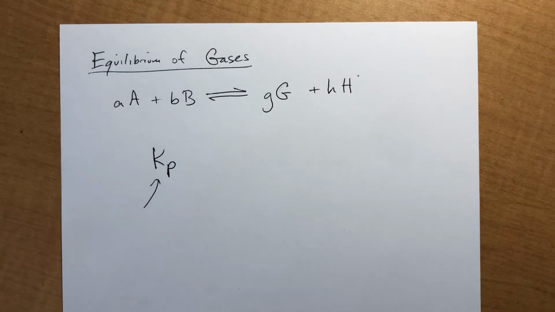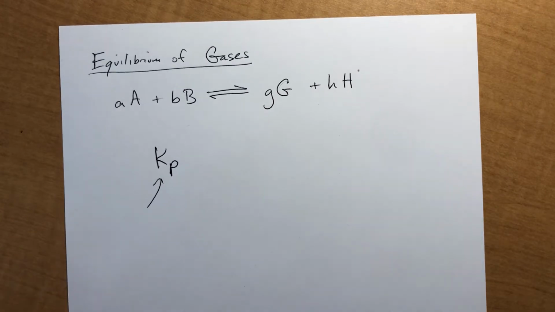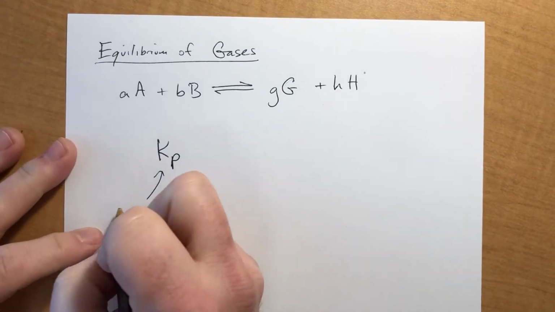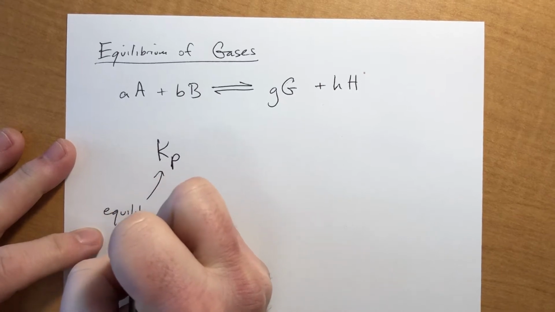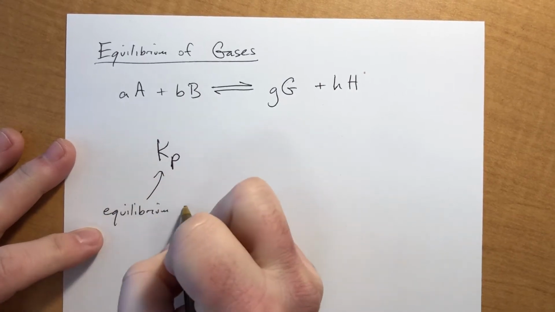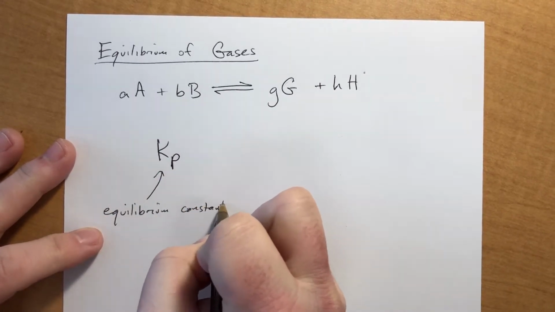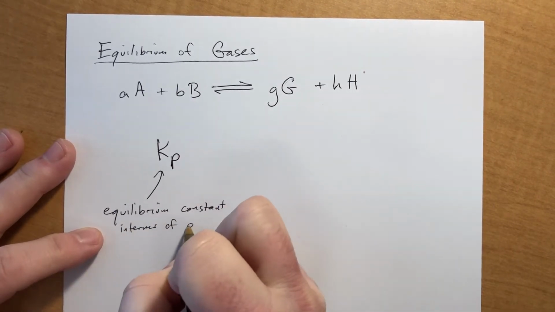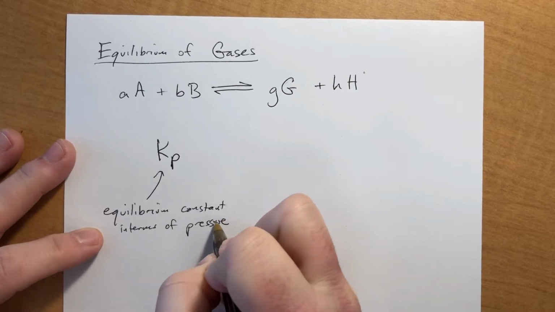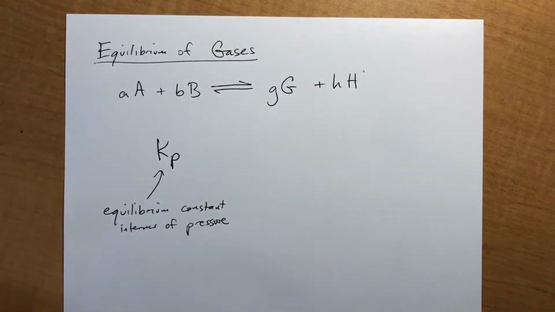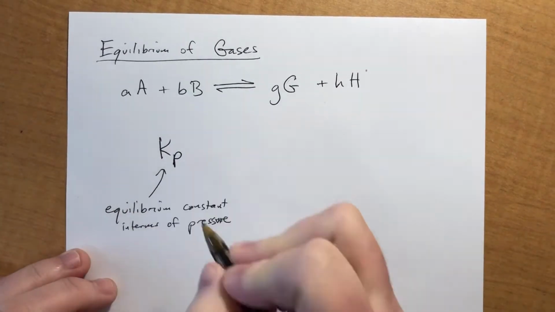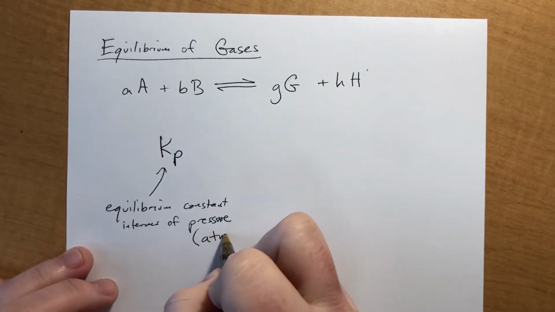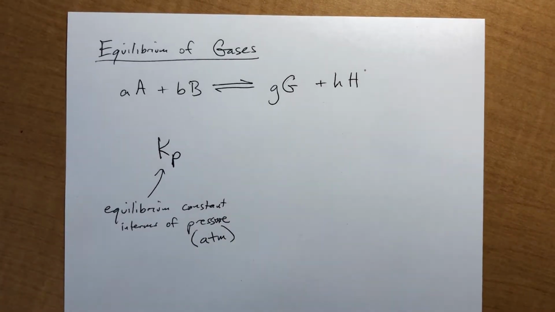This is an equilibrium constant in terms of pressure. Again, the Kp value has no units explicitly, but we're assuming everything is in atmospheres.